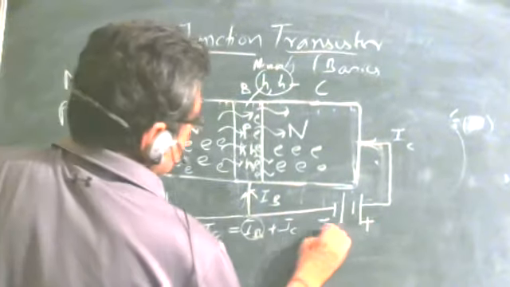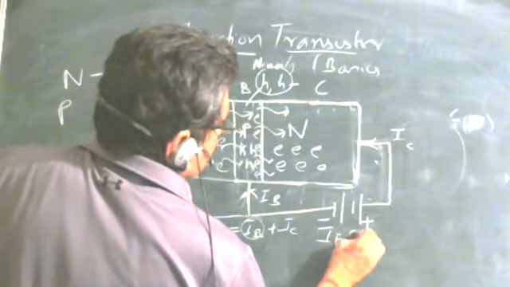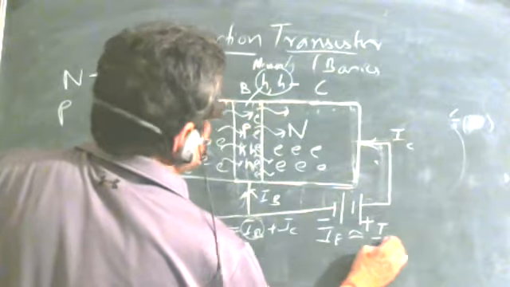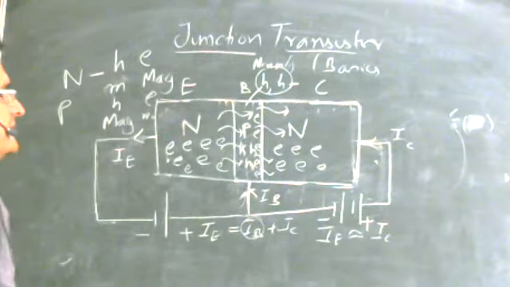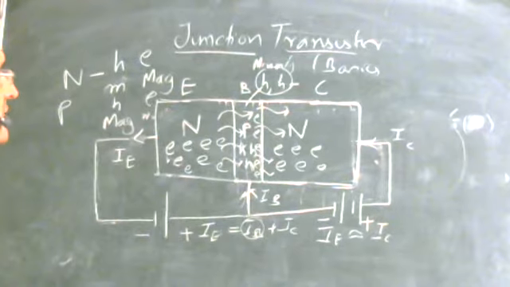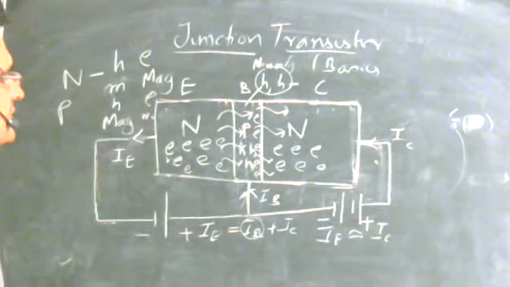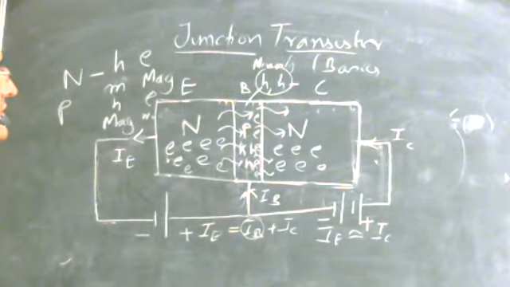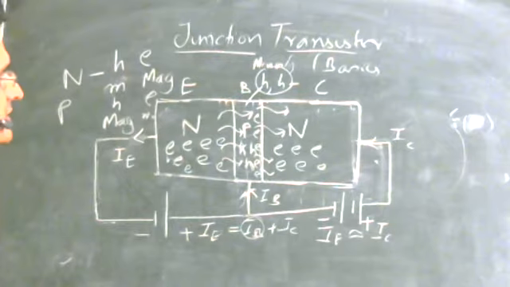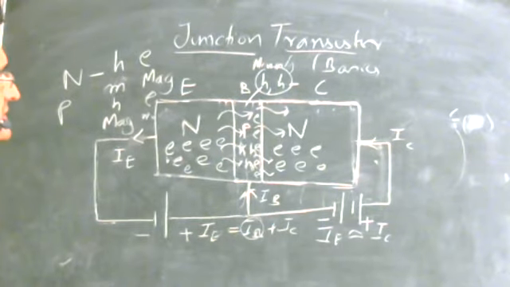IB is very small. We can take IE approximately equal to IC. So by applying the appropriate reverse bias and forward bias, we can control the flow of current, and that is how electronic devices are operated, by using proper biasing.